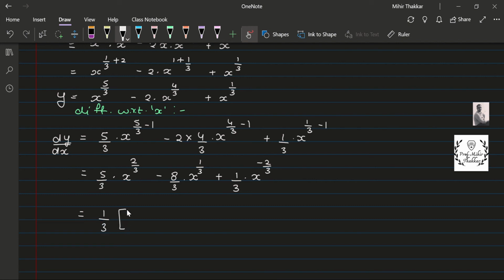So inside the bracket I get 5 x raised to 2 by 3 minus 8 x raised to 1 by 3, and in order to make the power positive we will take reciprocal, so the power will become positive x raised to 2 by 3. That is your value of dy by dx.